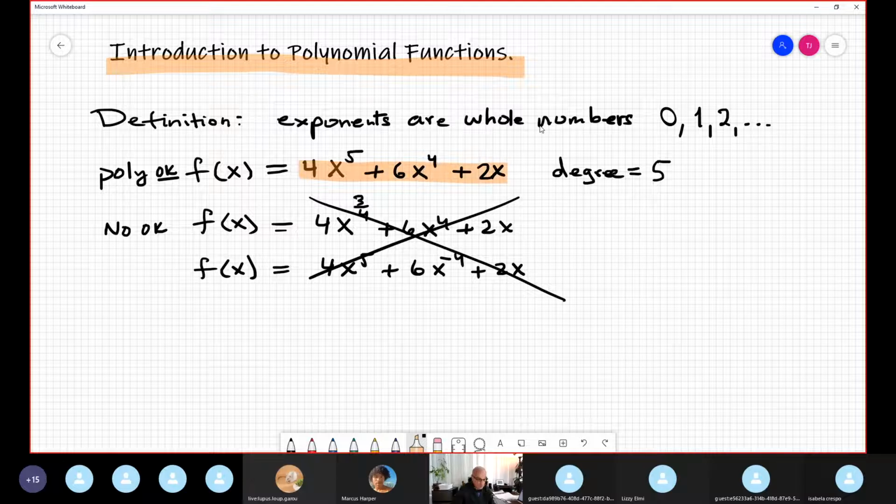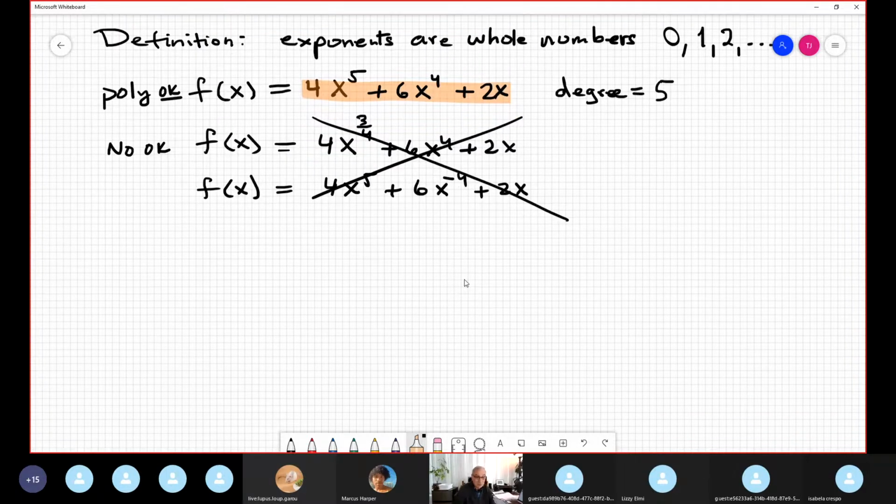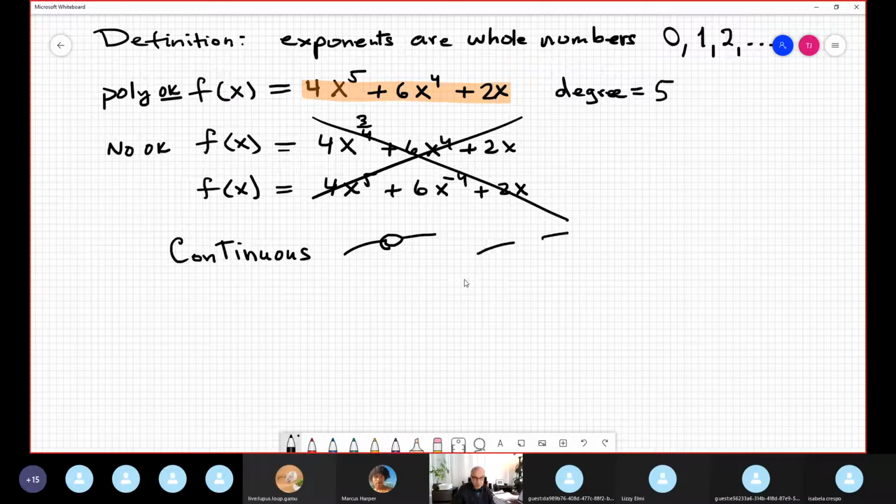And when it is a polynomial, when it's yes, like this, you can see now that the graph is super nice. The graph is totally continuous, always continuous. Continuous means that we have no hole, no gap.